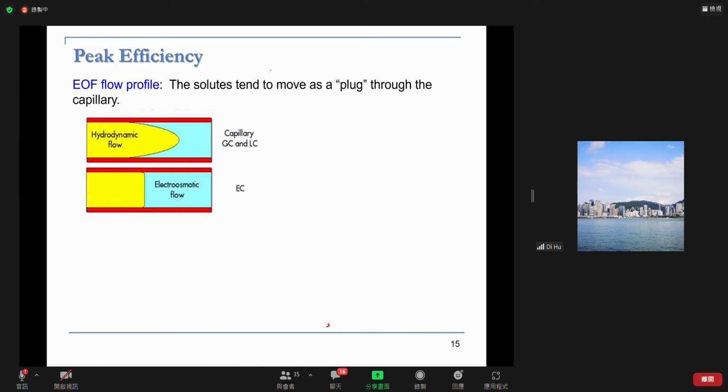We already mentioned at the very beginning the very obvious difference between capillary electrophoresis and conventional HPLC. What is it? They apply different columns, right? Capillary electrophoresis uses a fused silica capillary tube, like the GC one but much shorter.